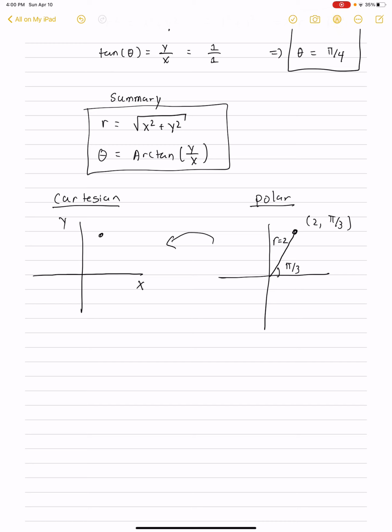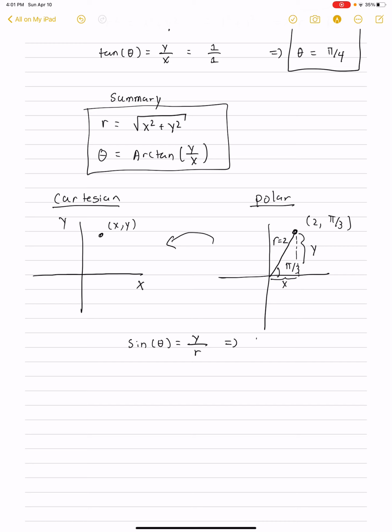Well, we need the xy point, and here we're going to think about triangles again. Okay, I know that in the polar land I can make a triangle. And if I make the triangle, then hey, this length is x, that length is y, and sine of theta is going to be opposite, which is y, over r.